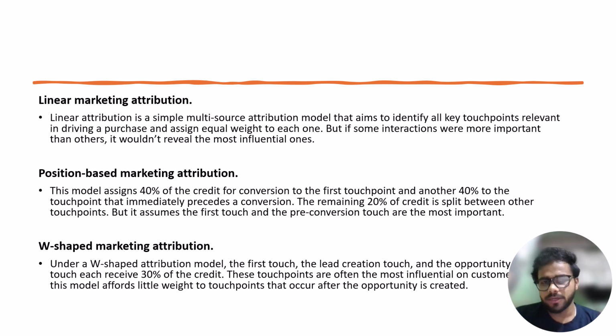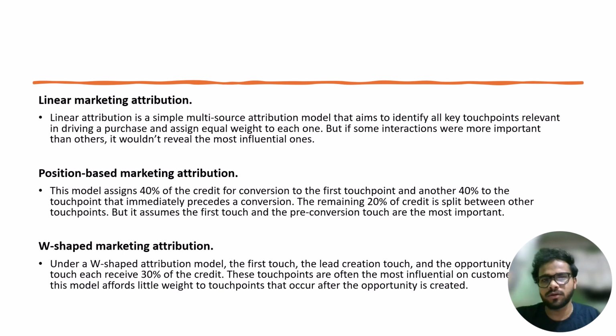This is a little better than the linear position based model, because they give 30% of credit to the first touch point, and the next 30% to the lead creation touch, the touch that created a lead, like the user filled out a form before buying anything from the website, or had a call with us.